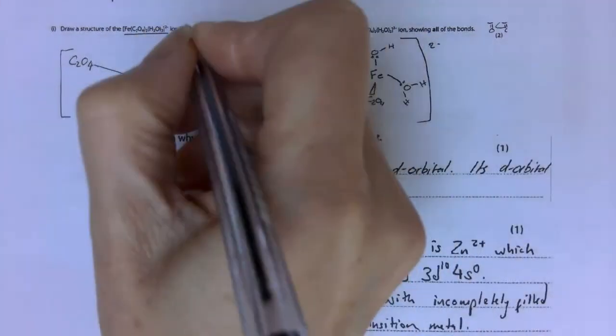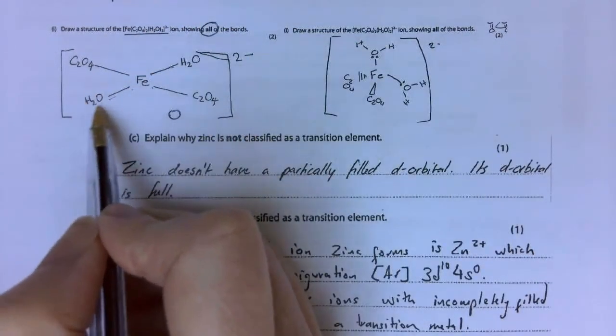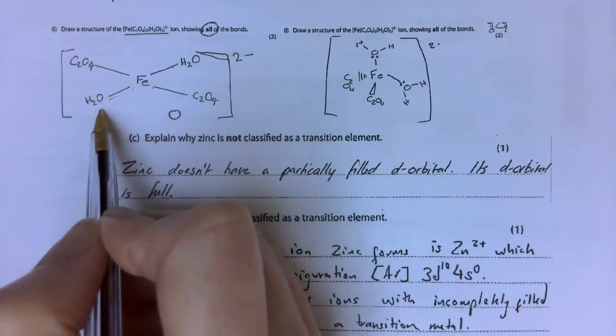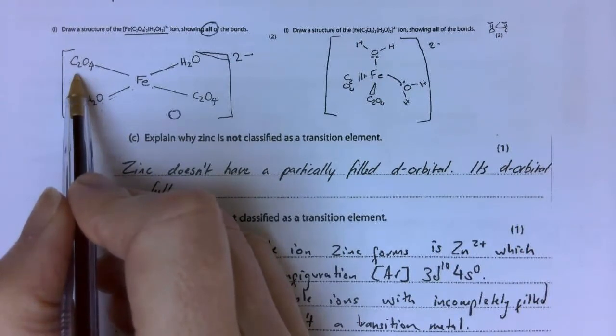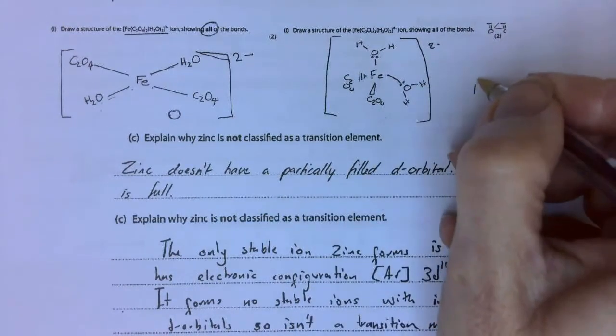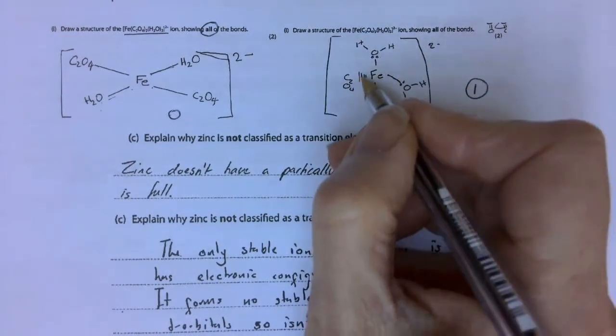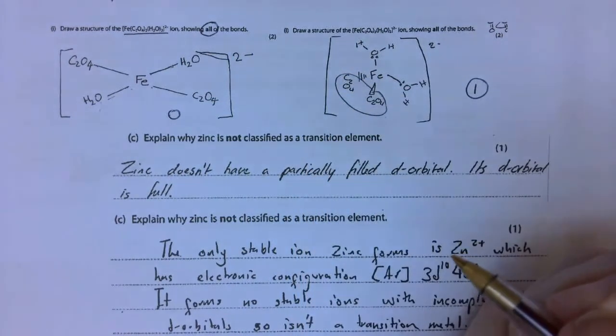We're asked to show all of the bonds, and although they've drawn the water, they haven't drawn out the full structure. And we have to recognise that C2O4 2- is a bidentate ligand. The second answer here gets 1 mark for drawing out the waters, but again, misses the fact that this is a bidentate ligand, not a monodentate ligand.